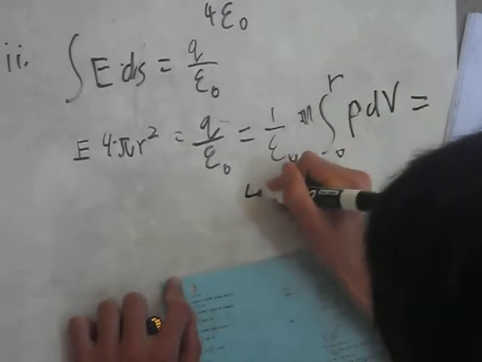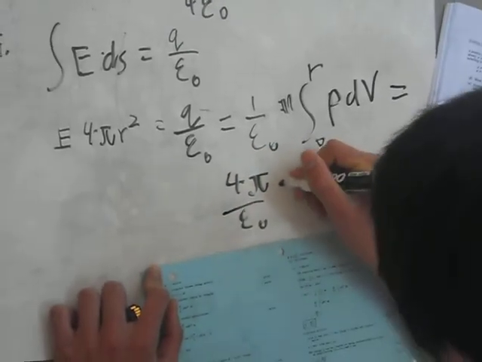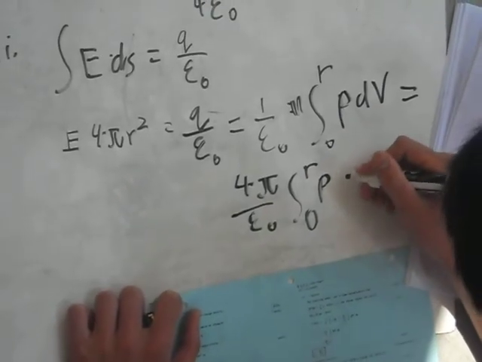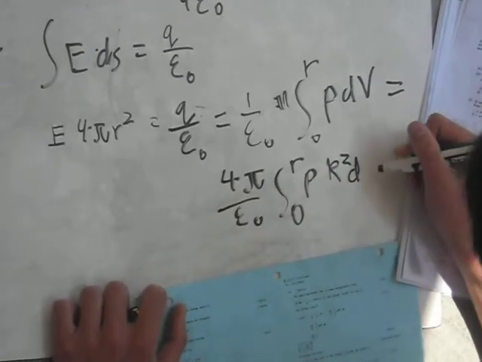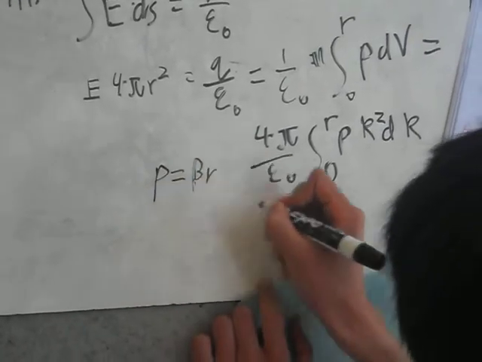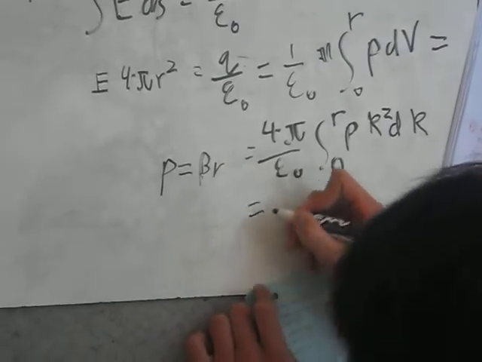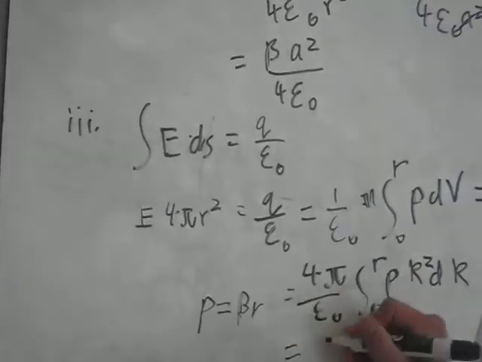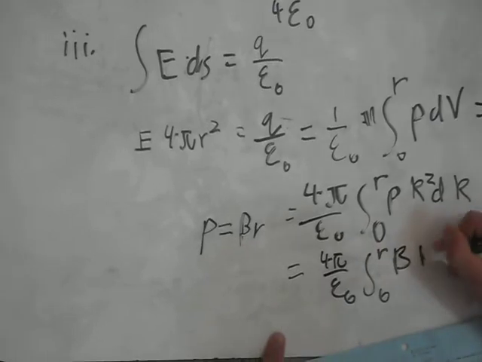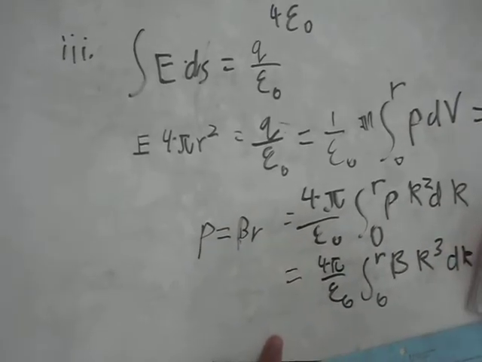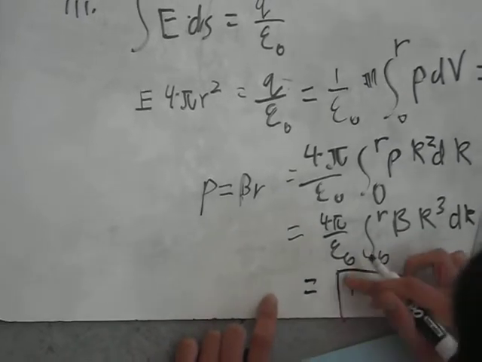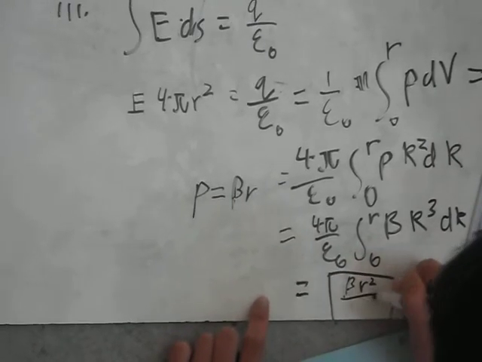This is equal to 4 pi over epsilon naught, the integral from r to 0 of the charge density times r squared dr. Once again you sub in rho is equal to beta r, and you get 4 pi over epsilon naught of beta r cubed dr, and that's just equal to beta r squared over 4 epsilon naught.